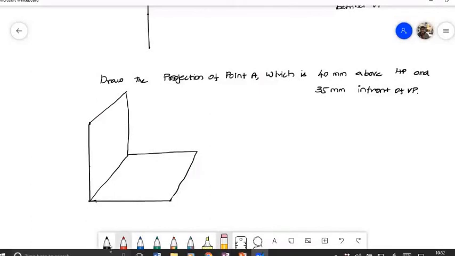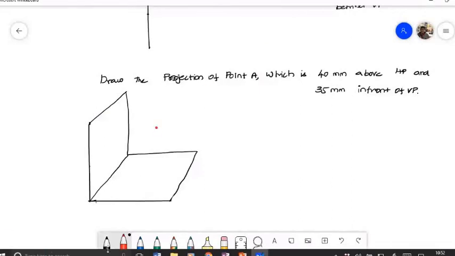So I have drawn the first quadrant, and I hope most of you could understand that this point is in the first quadrant. Am I right? Yes, because it is above HP and in front of VP, something like this. So this is the position of the point.